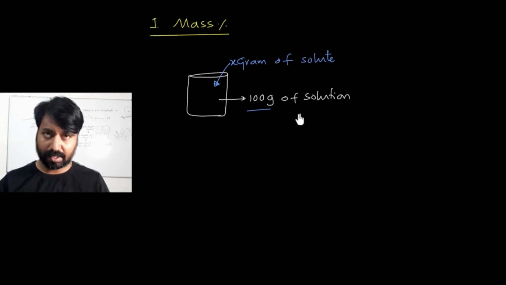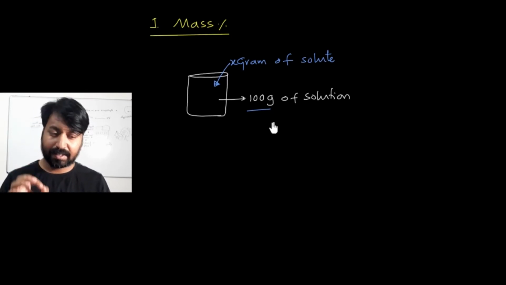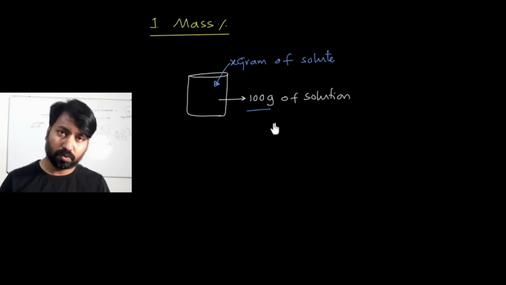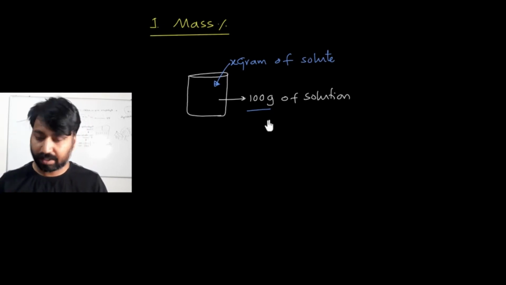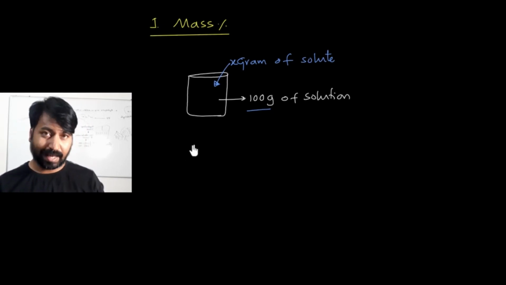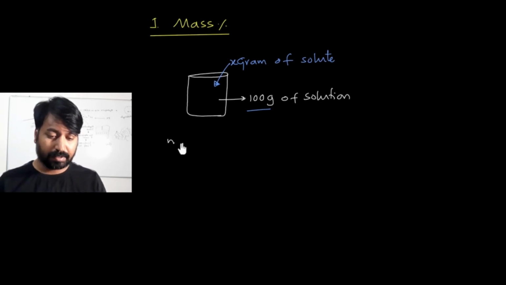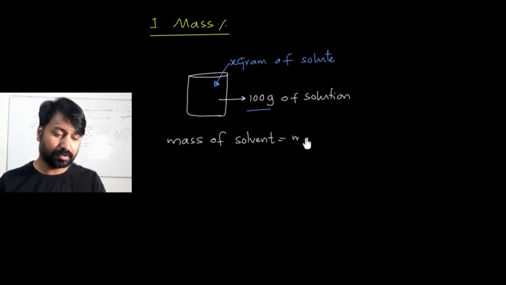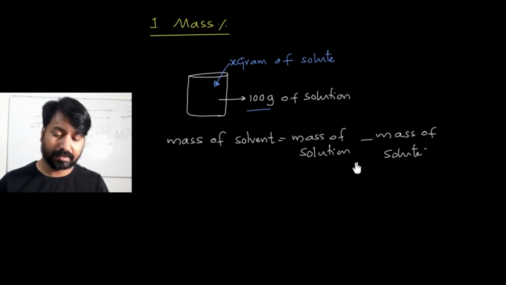We are not taking 100 gram of solvent, we are taking 100 gram of entire solution, which includes solute plus solvent. Therefore, if I want to calculate the mass of solvent, we can write: mass of solution minus mass of solute.